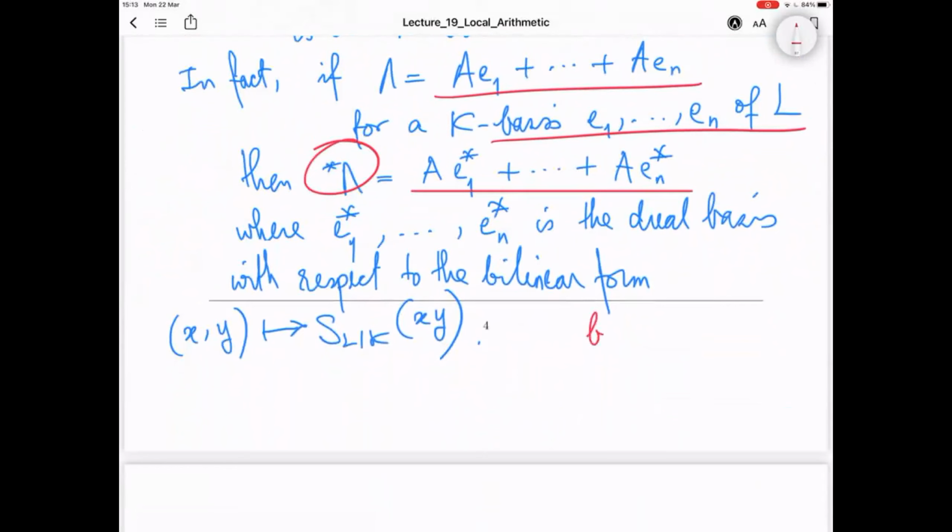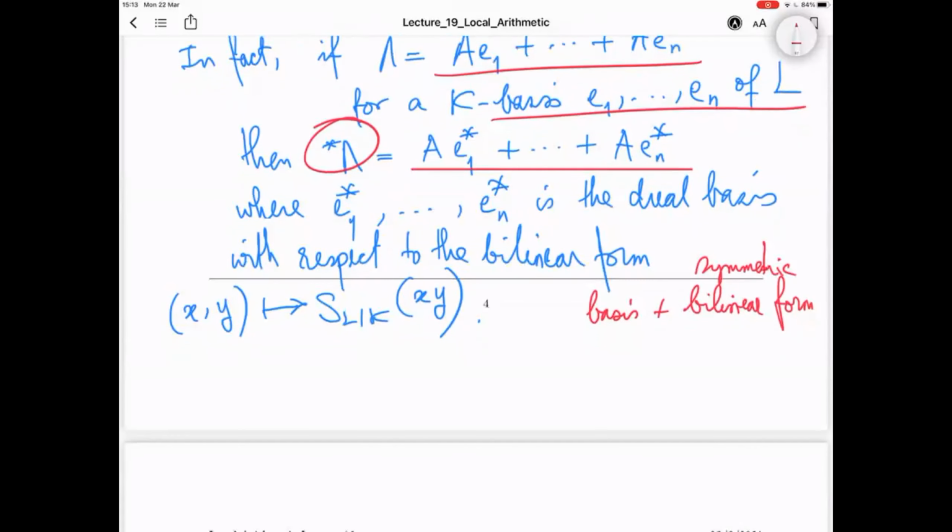If you have a basis of a vector space and a bilinear form, which should be symmetric and non-degenerate, then you get a dual basis.